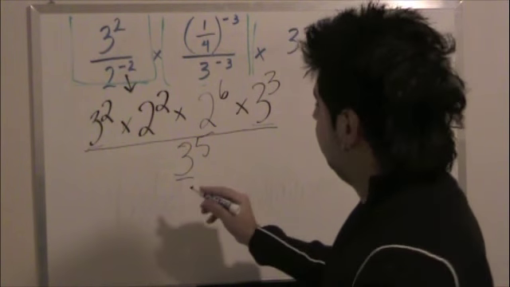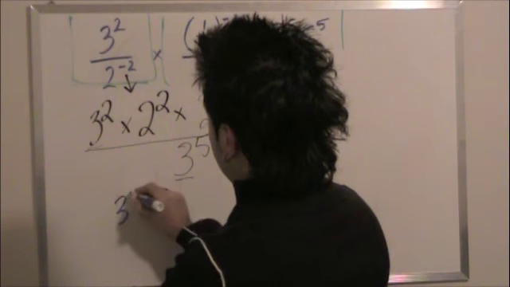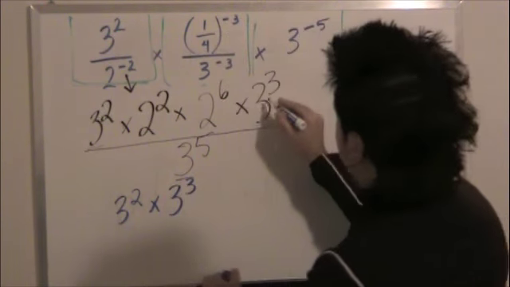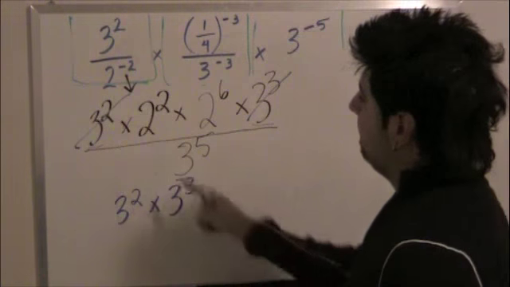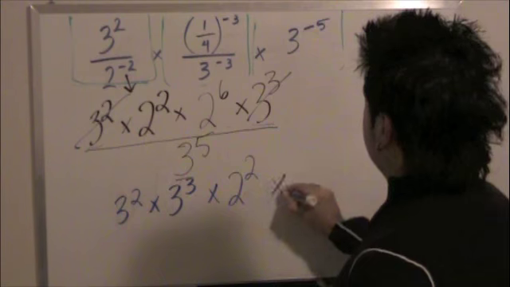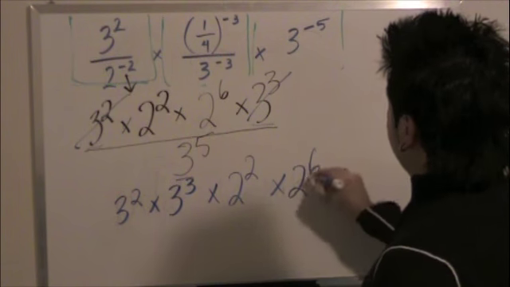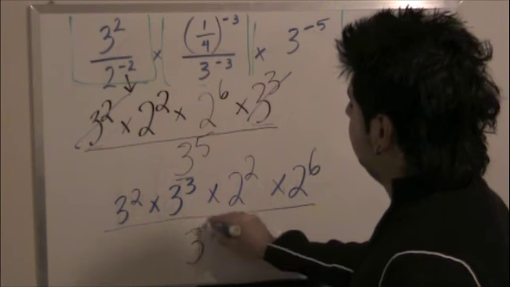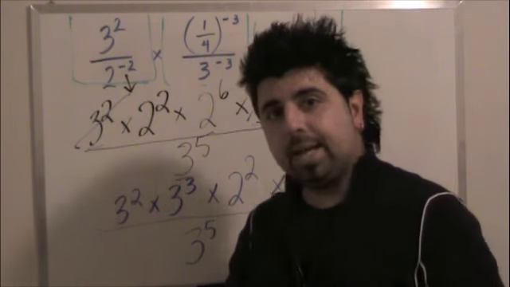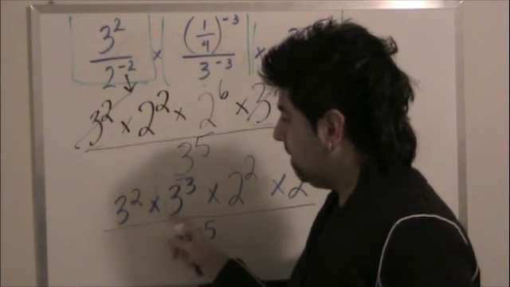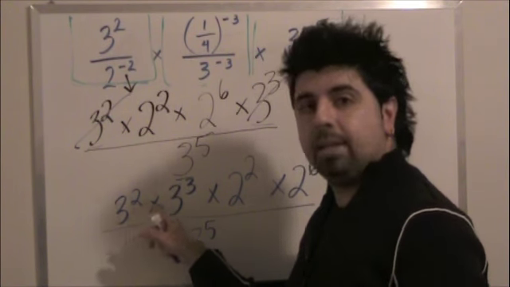So let me collect them. We have 3 to the power of 2 times 3 to the power of 3, which is this and that. Then I'm left with times 2 to the power of 2 times 2 to the power of 6 over 3 to the power of 5. The rule states when you're multiplying powers that have the same base, keep the base and add the exponents.